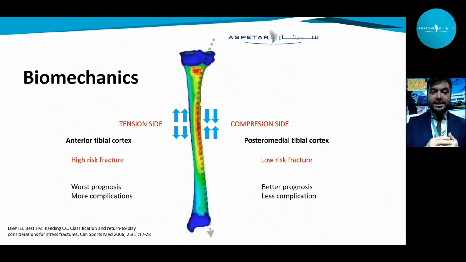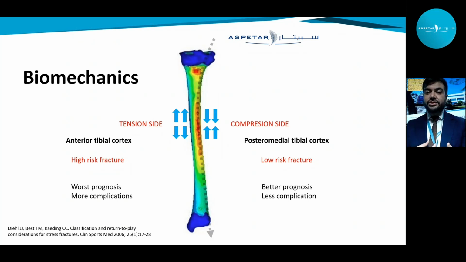Here we can see a diagram of the tibia in a posterior view. The red color is the posteromedial tibial cortex, which is the compression side, and in the front we have the anterior tibial cortex, which is the tension side.